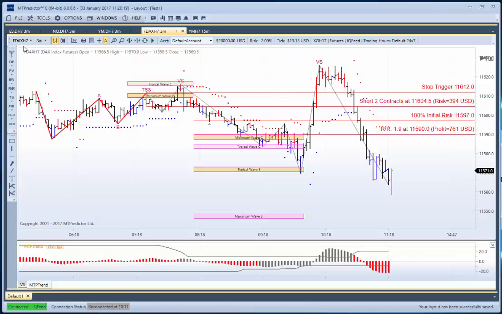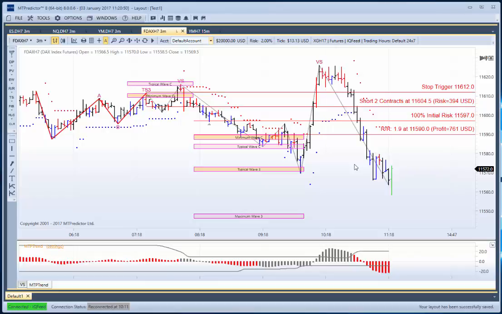Note that even though we're trading the DAX, our position sizing is done in US dollars because the default account I've got is in US dollars. So we adjust the tick size in the background. Rather than the normal 12.5 euros, we adjust that in the background to basically be in dollars, so the position sizing is kept correct no matter what the base currency of the asset that you're actually trading.